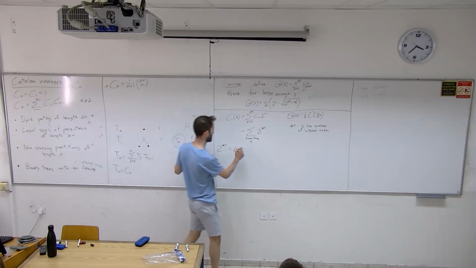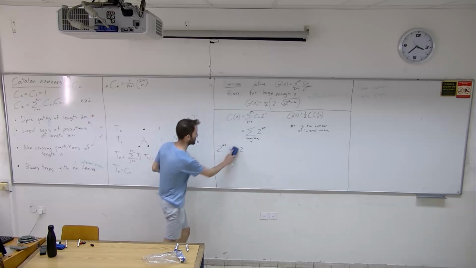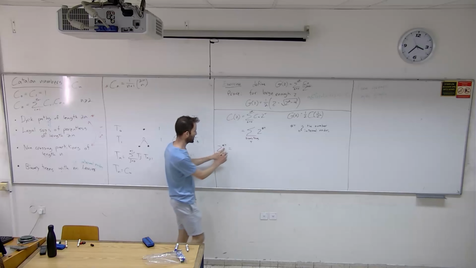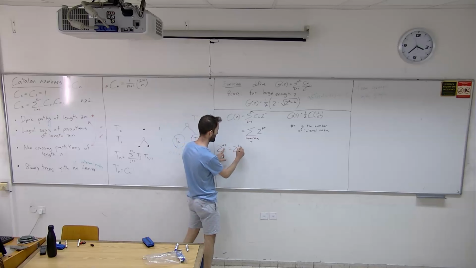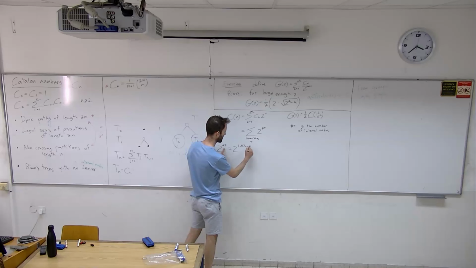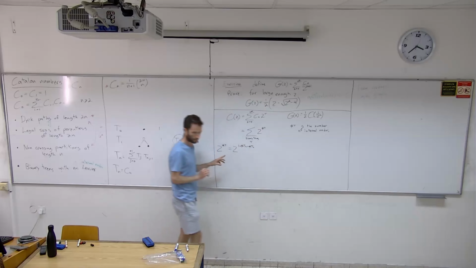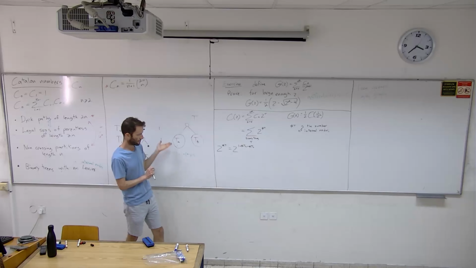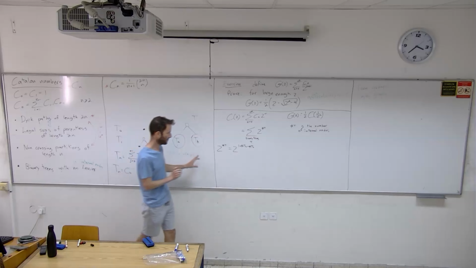Let's write it down. Let's maybe do one more step. The number of nodes in T is 1 plus the number of nodes in TA plus the number of nodes in TB. Right, this is just by definition.